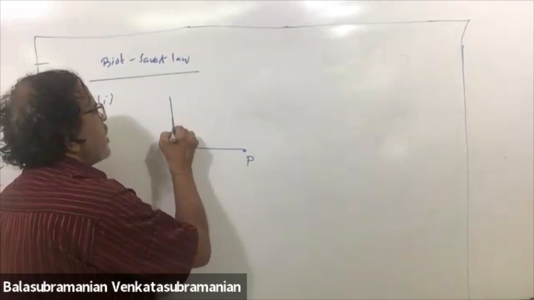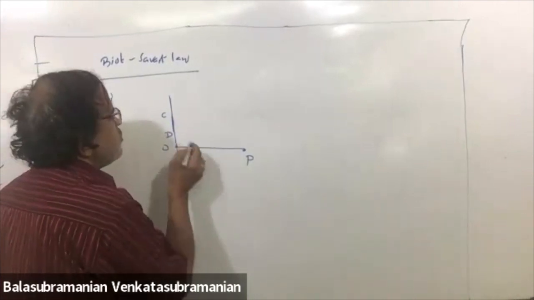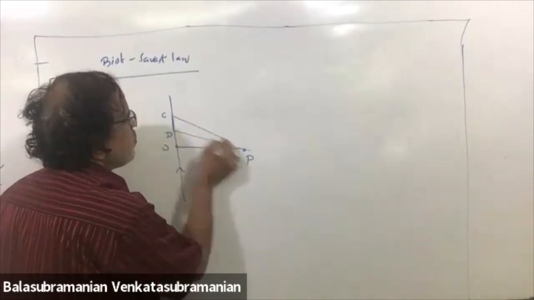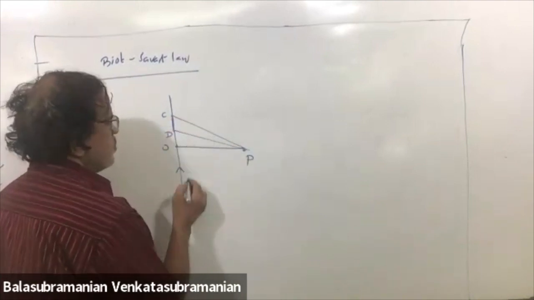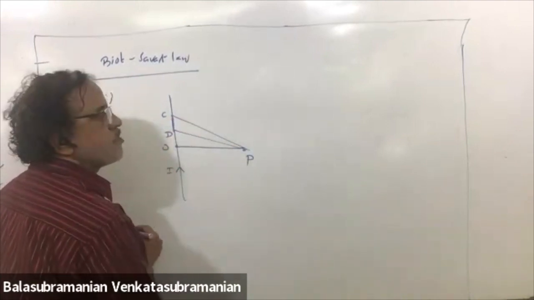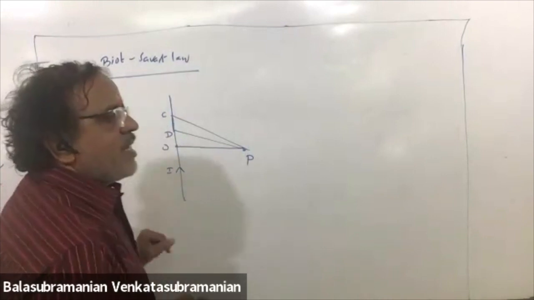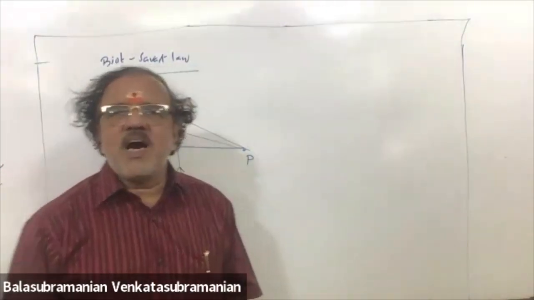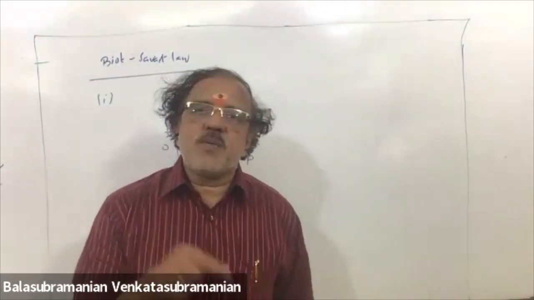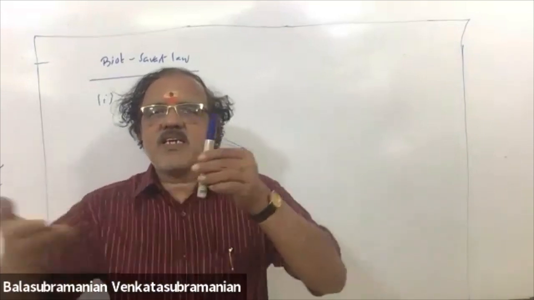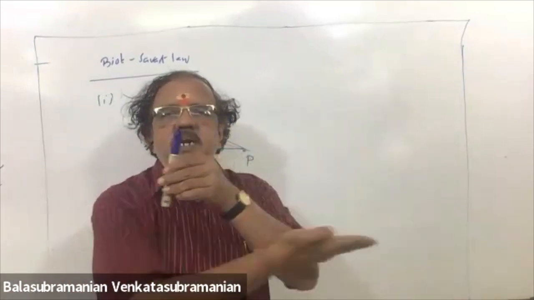As usual, take a small element CD, join. The magnetic field produced here is away and perpendicular to the plane. This is the current carrying conductor, means magnetic field will be perpendicular to the plane.